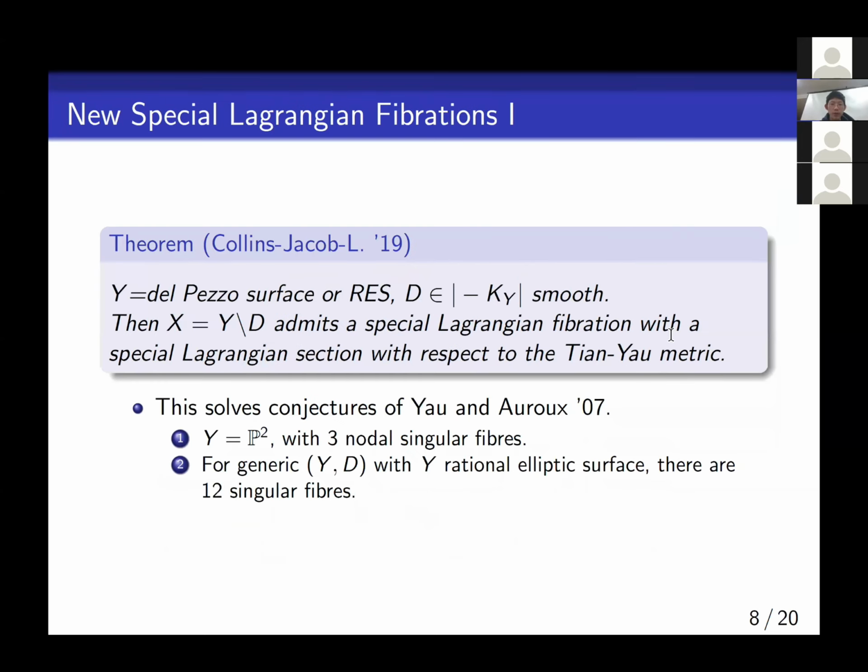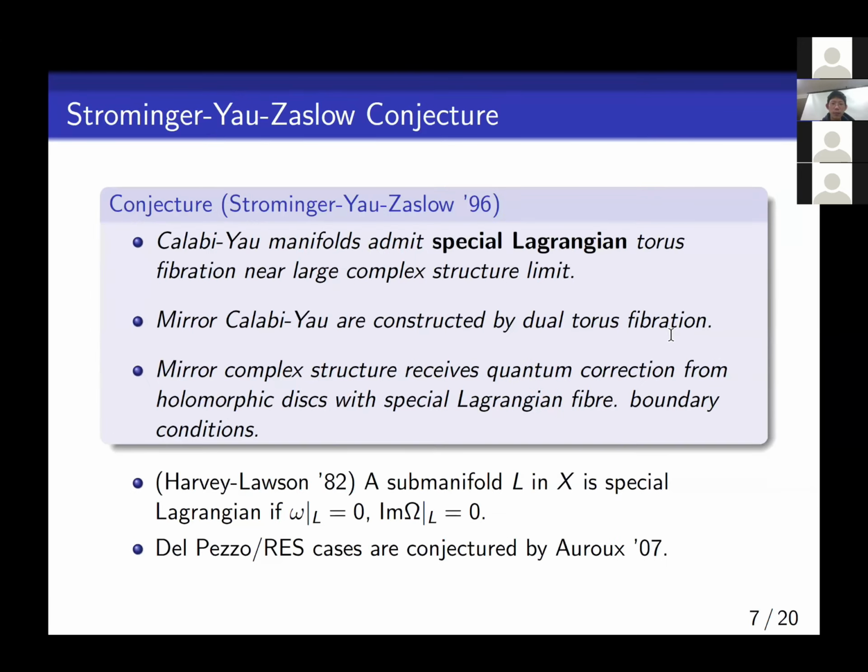So now maybe I should say, what are the examples of special Lagrangian fibrations? So far, there are two examples known. One is a torus, where the Ricci-flat metric is simply flat, and so we all know how to write down the special Lagrangian fibrations.